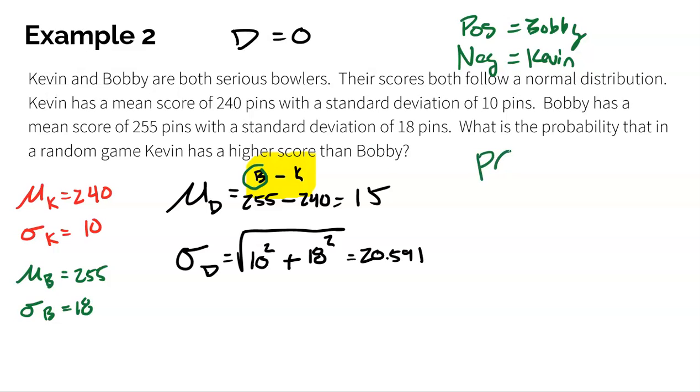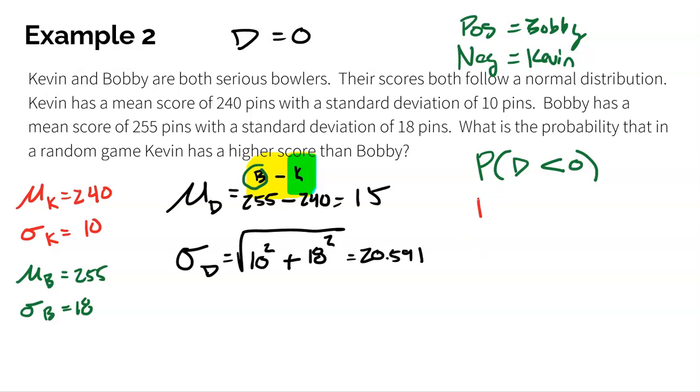So I'm actually trying to find the probability that the difference is less than 0. Because when the difference is less than 0, in the order that I did this, Bobby minus Kevin, that has to mean that the K was bigger. And if the K is bigger, Kevin does better. Boy, that's tough to process. So please really take your time on that.